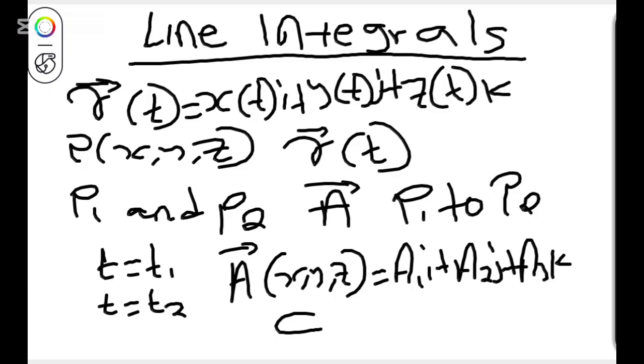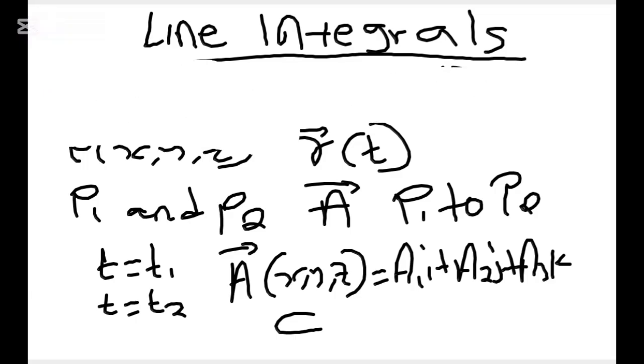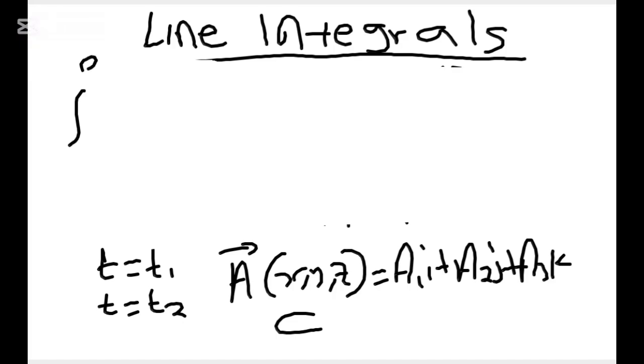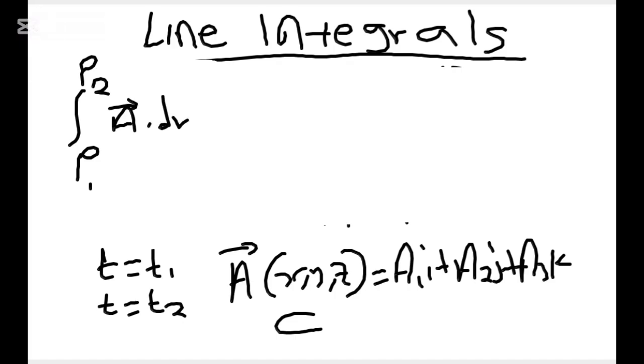This will be written as the integral from P1 to P2, these are the limits P1 and P2, of this vector A dot dr, with the vector r.